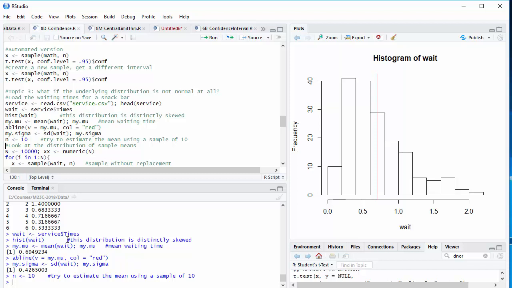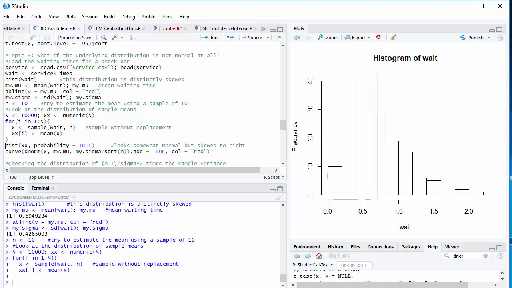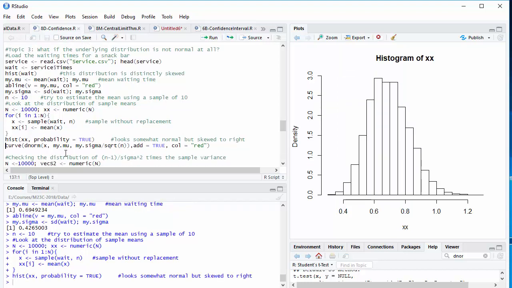First, let's look at the distribution of means for samples of size 10. This time I'm sampling from the vector of waiting times. Otherwise, everything is the same as what we were doing before. And when I look at the histogram, well, it looks kind of bell-shaped, but on looking at it, I can see there's a longer tail to the right than to the left.